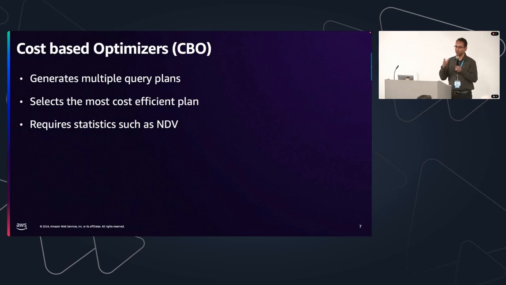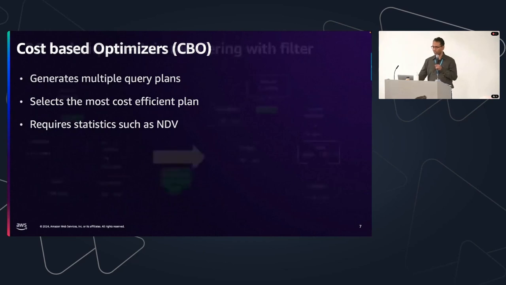It does that by generating multiple query plans, and then it needs to select the most efficient query plan to run. For that, it needs to know the statistics behind it, to compute the cardinality and select the most cost efficient plan.